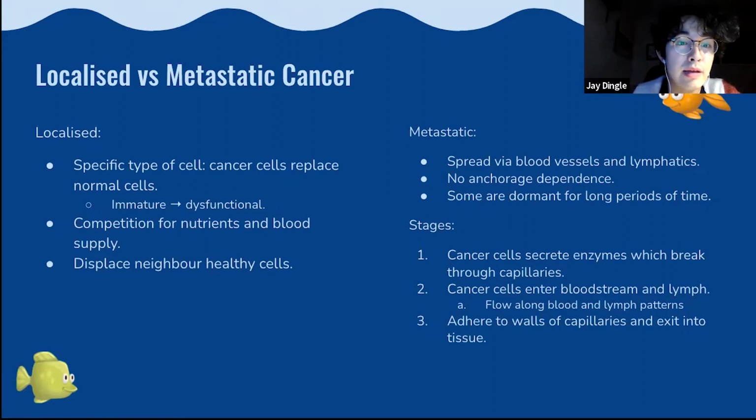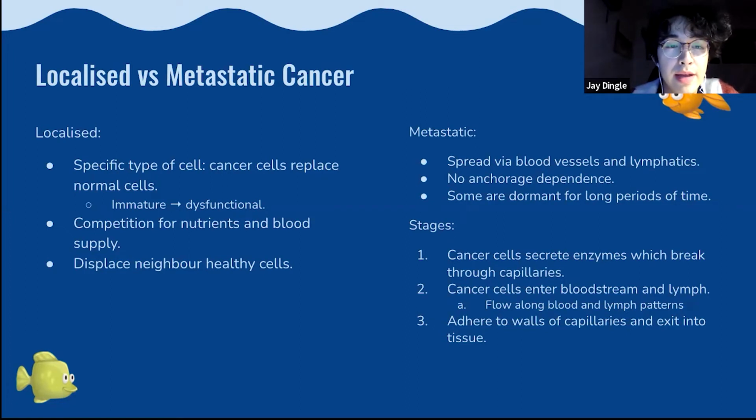Because of this, if cancer cells are immature, they can lose their specialized features, and therefore are unable to complete their specialized functions, and so are dysfunctional. We've got competition for nutrients and blood supply. This can often result in things like rapid weight loss, looking at a more clinical symptom, and they can displace healthy neighbor cells.